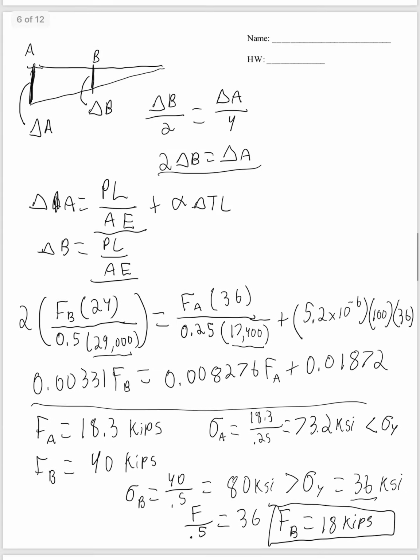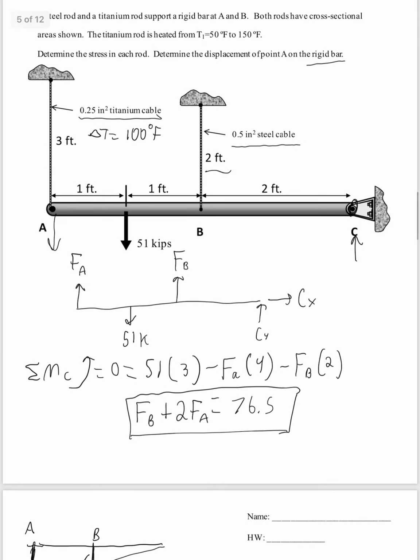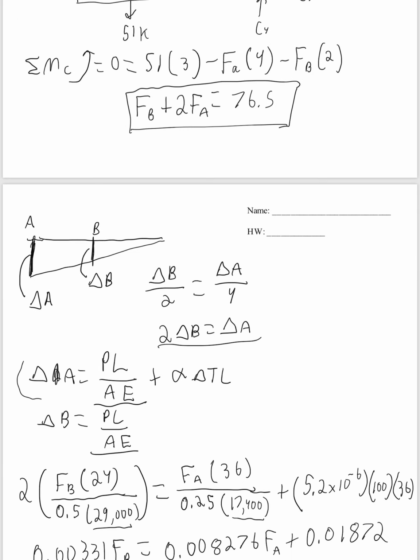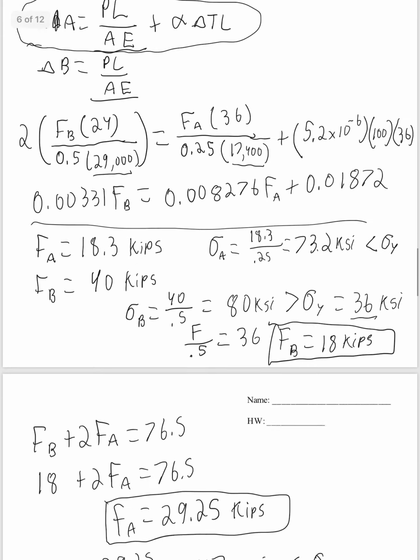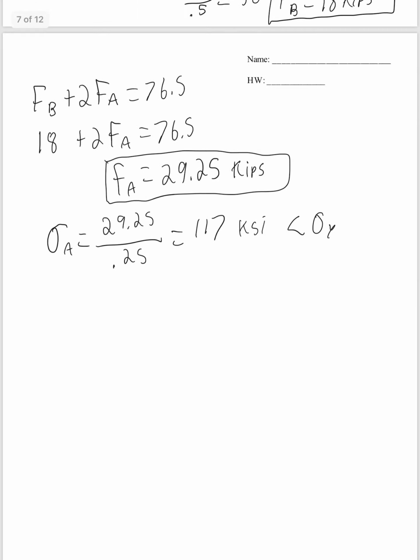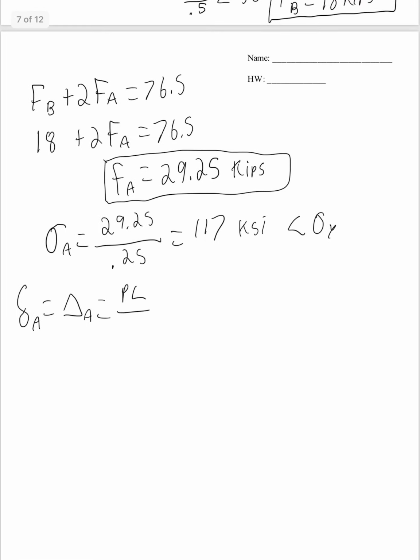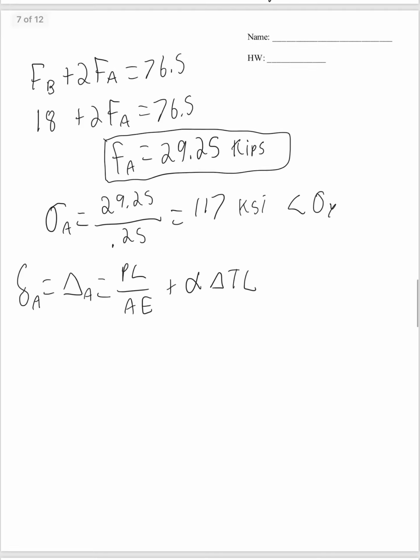Now we need to find the displacement of point A, right here. We normally use displacement as this setup, so we're going to plug that in. Displacement of A equals, we said, PL over AE plus alpha delta TL.